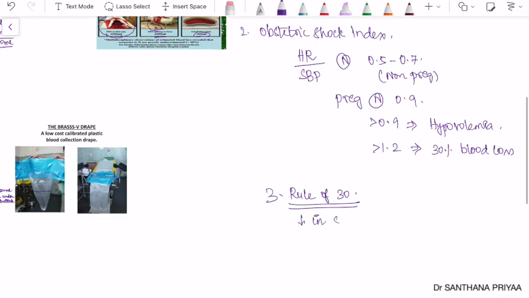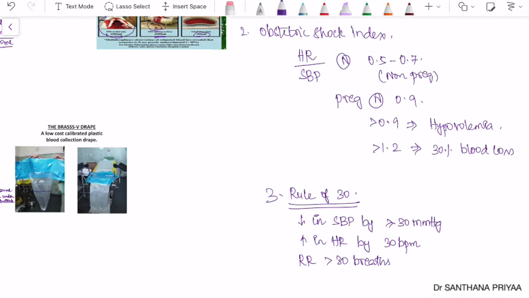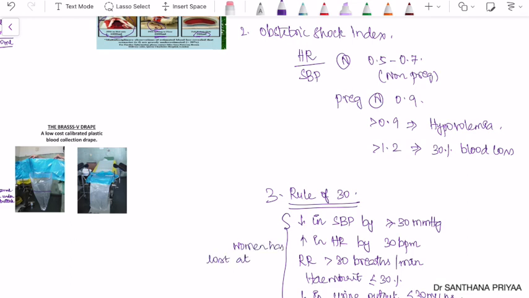Fall in systolic blood pressure by more than or equal to 30 mmHg, increase in heart rate by 30 beats per minute, respiratory rate more than 30 breaths per minute, and if the hematocrit falls by more than 30%, and reduction in urine output less than 30 ml per hour, all these suggest that the woman has lost at least 30% of blood volume.